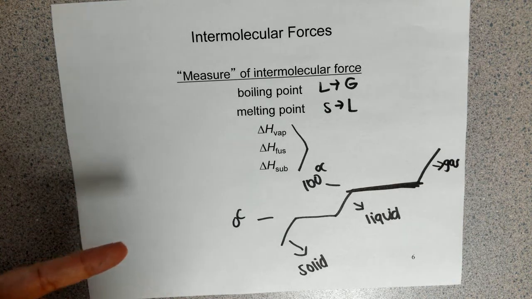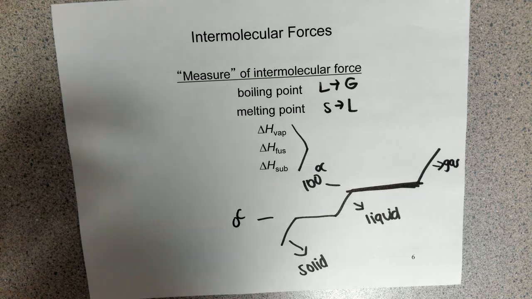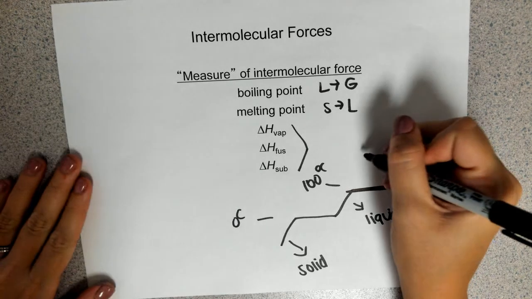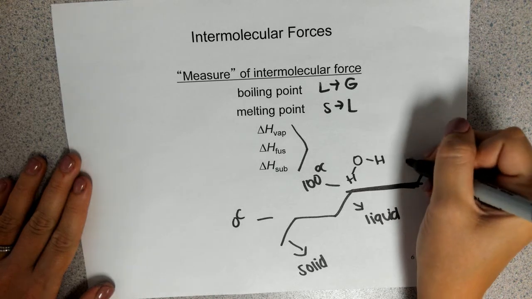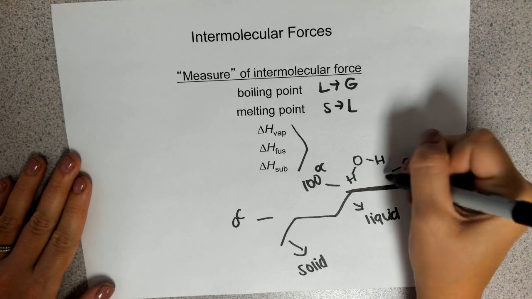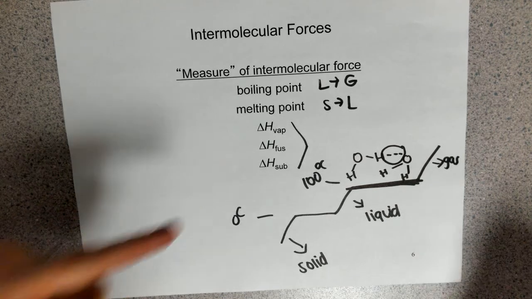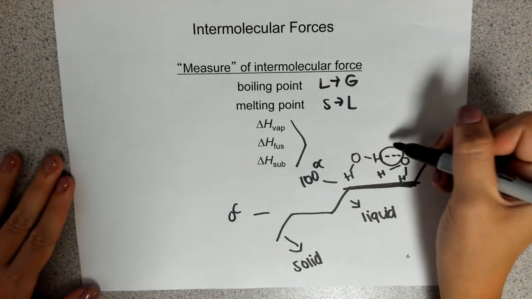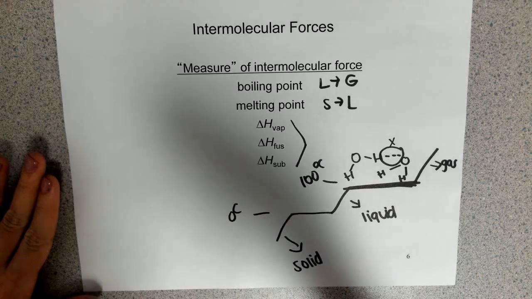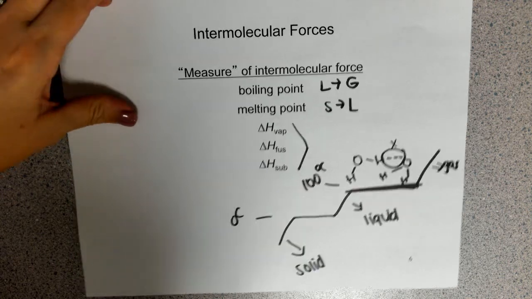It occurs at the boiling point, but once you get liquid water to 100 degrees Celsius, it's not automatically a gas. You have to put in a lot of energy to break it apart, as I just said, because you're not breaking apart the water molecule. You're breaking apart the intermolecular forces, or the attractive forces between these molecules. And that's the delta H, or the enthalpy of vaporization. So how much energy is required to break that? And so all of these tell us how strong intermolecular forces are. The higher the value, the stronger the force is.